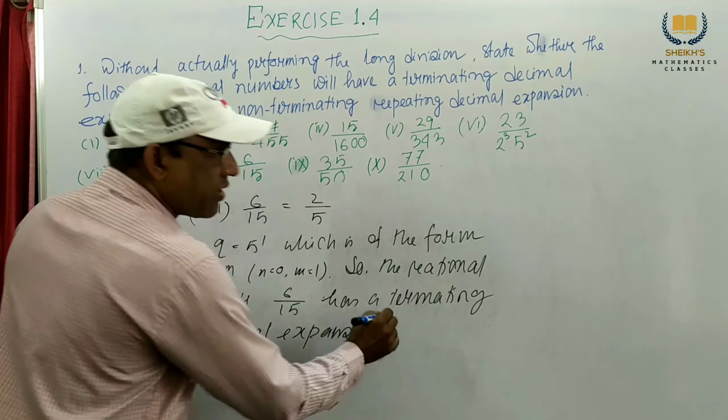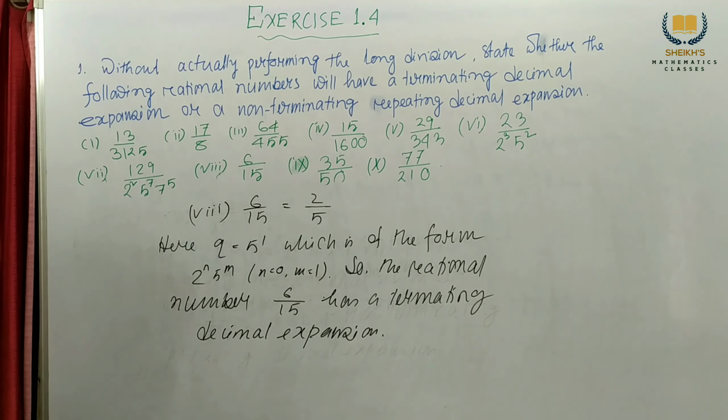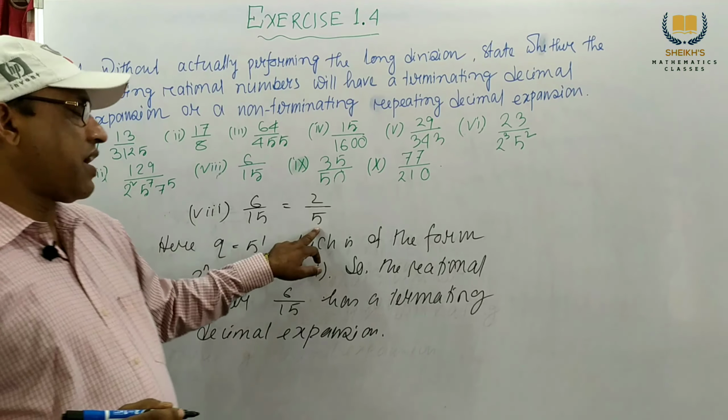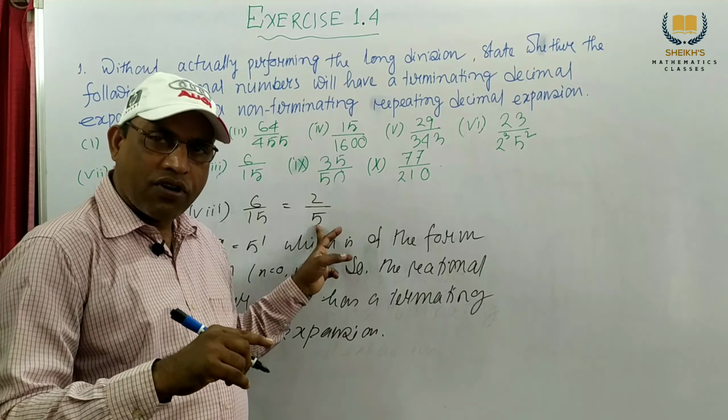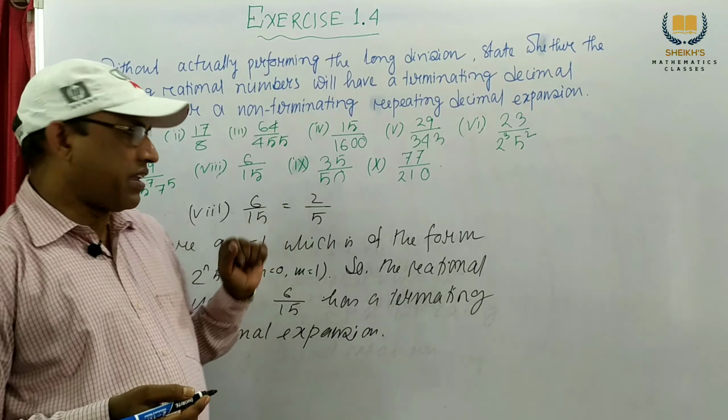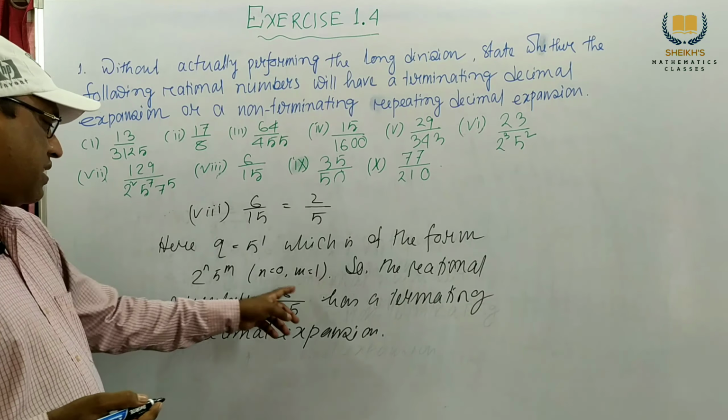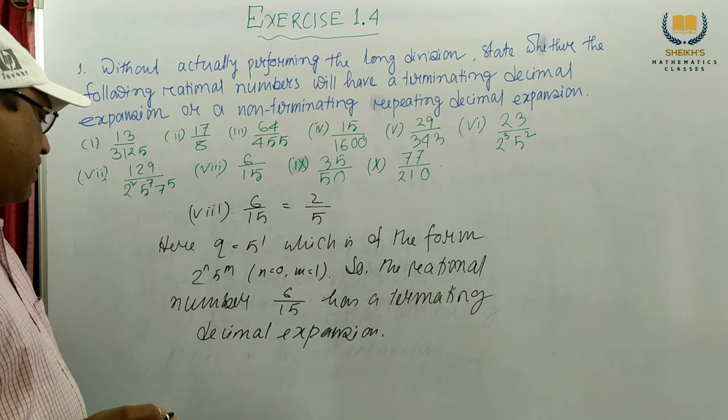This is our answer because the denominator is 5. If the denominator contains 5 or 2, then this is a terminating decimal expansion.